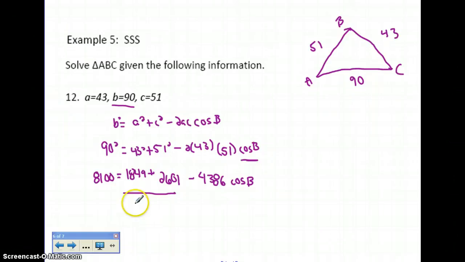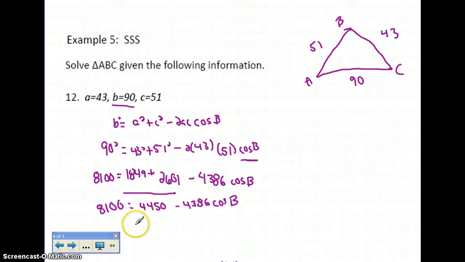So I can combine those two, and when I do that, I get 4450 minus 4386 cosine B, and this will equal 8100.